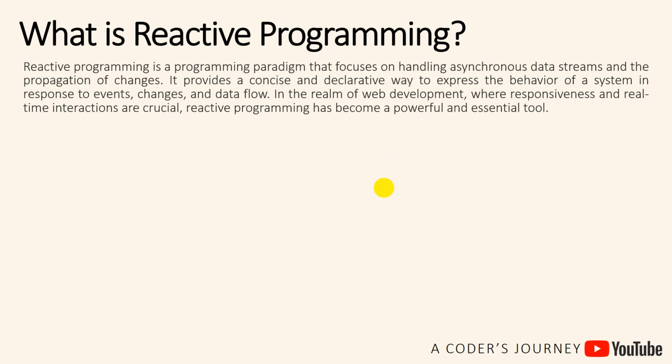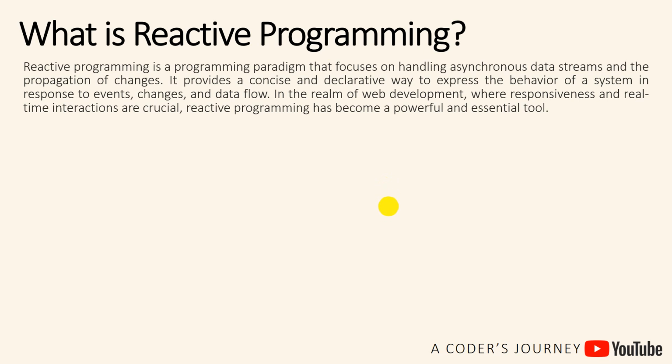This stream could contain only one piece of data, or it could contain multiple pieces of data, but it is a data stream which is asynchronous. It is coming into the application and you are going to have to handle that. And of course, propagation of changes: when a change happens, that change propagates to other parts of the application.